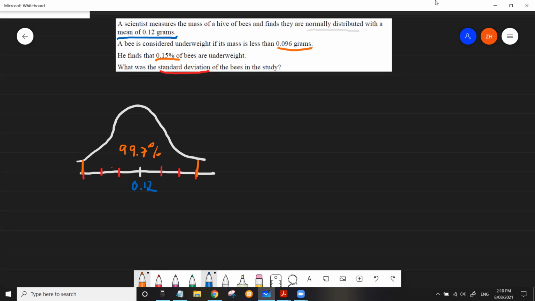Now, if 0.15% are underweight, we're looking at this section over here, because 0.3% are going to sit in both of those 2 sections. That's just 100 take away 99.7. So the section on the left, the less than side of that, which I'll make red, is going to be half of that.